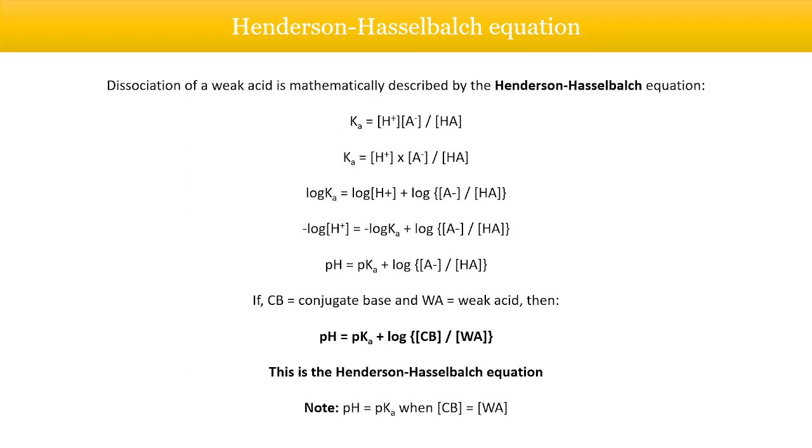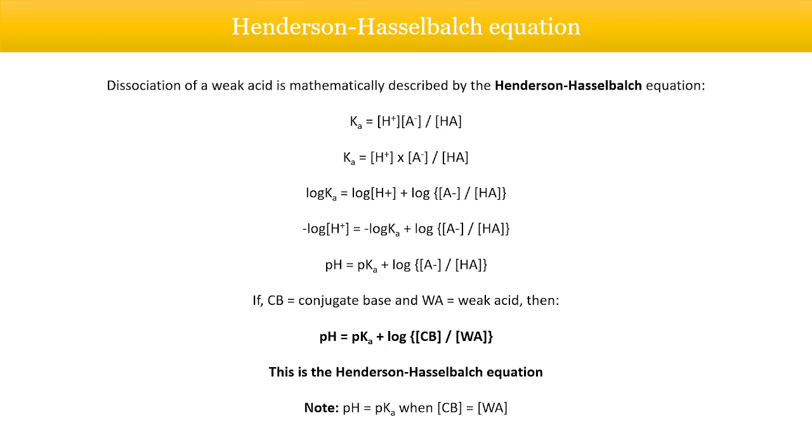If we have an acid, say HA, that dissociates to give us H plus and A minus, and the equilibrium constant is your Ka, then the equation is Ka equals H plus ion concentration times the conjugate base ion concentration divided by the acid concentration.